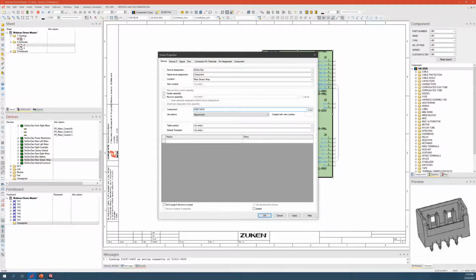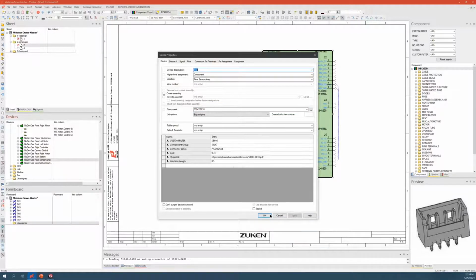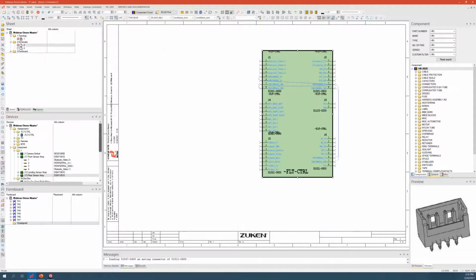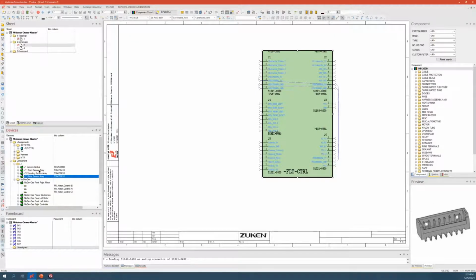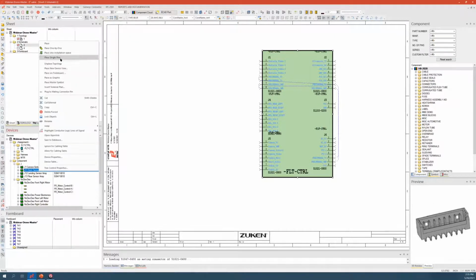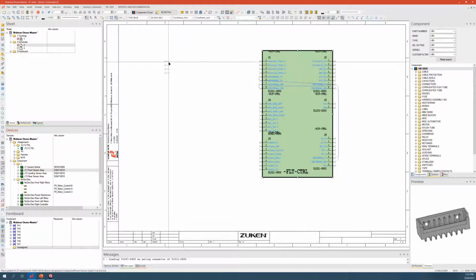And let's make that an 8-pin connector. And let's call that J13. Okay. So as a detail designer, I started creating some components. And I can see them here, of course, the J11, J12, and J13. And now let's see what happens when I place this information on our schematic.